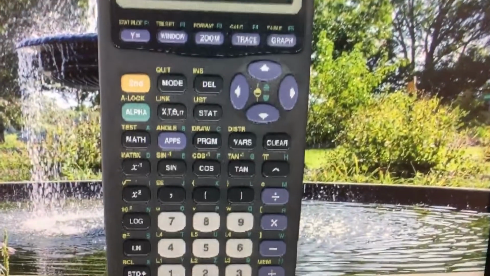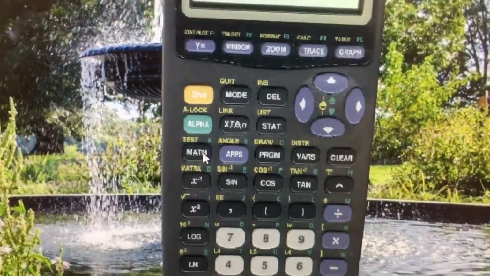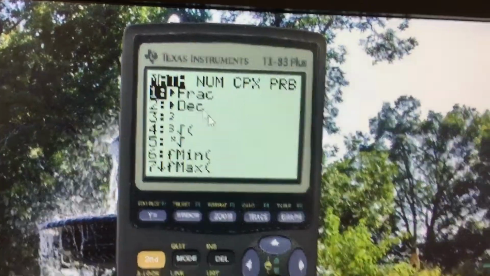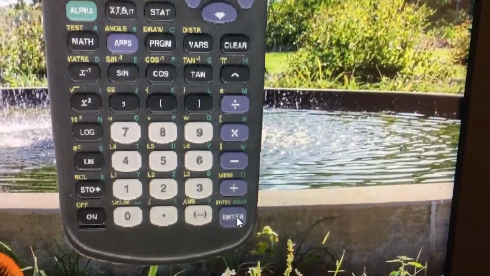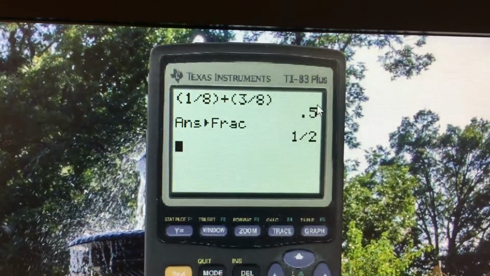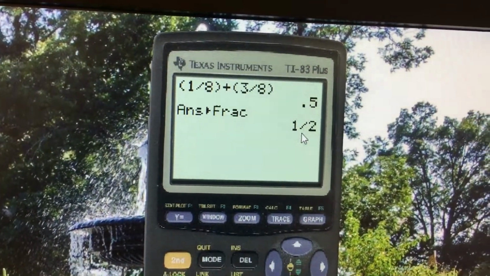To do this, I'm going to push the math button. Notice number 1 says fraction. I'm just going to push enter twice, and notice it will convert my decimal to a fraction. So math, enter, enter is how you can convert to fractions.